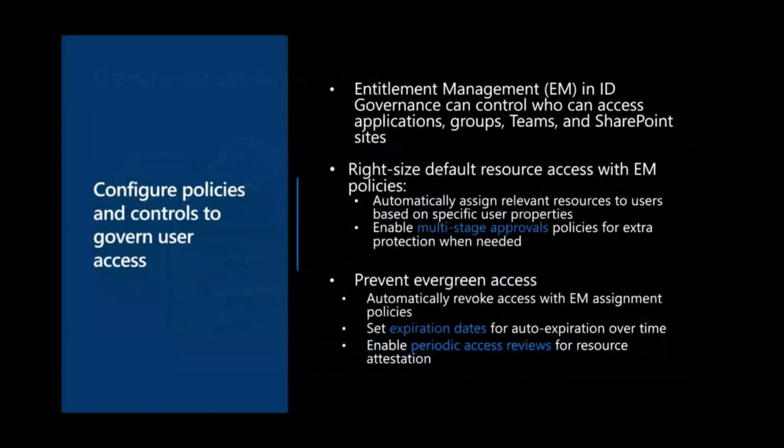You can set up periodic and recurring access reviews for those resources, either the resources themselves, say you can set up an access review for a group or for an application, or you can do it for the entire access package. So these are important controls within entitlement management that definitely help right-size access to resources from the beginning, but then also over time.